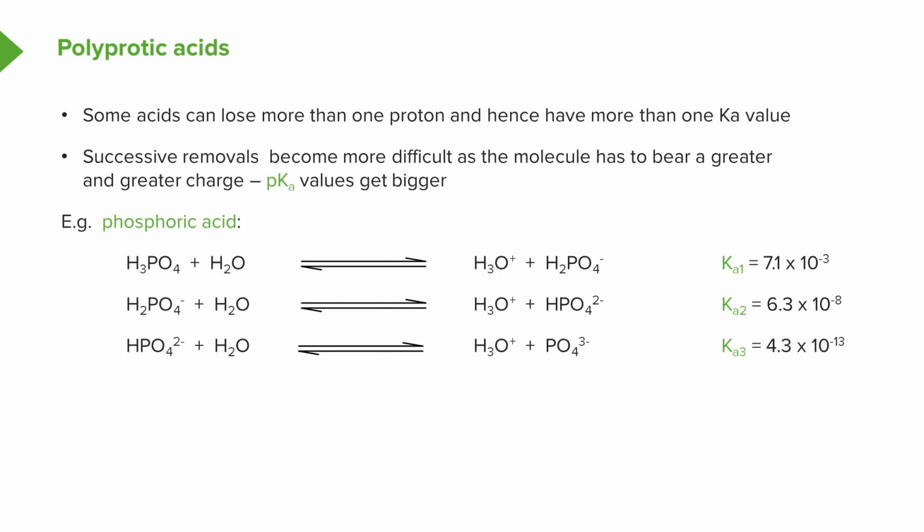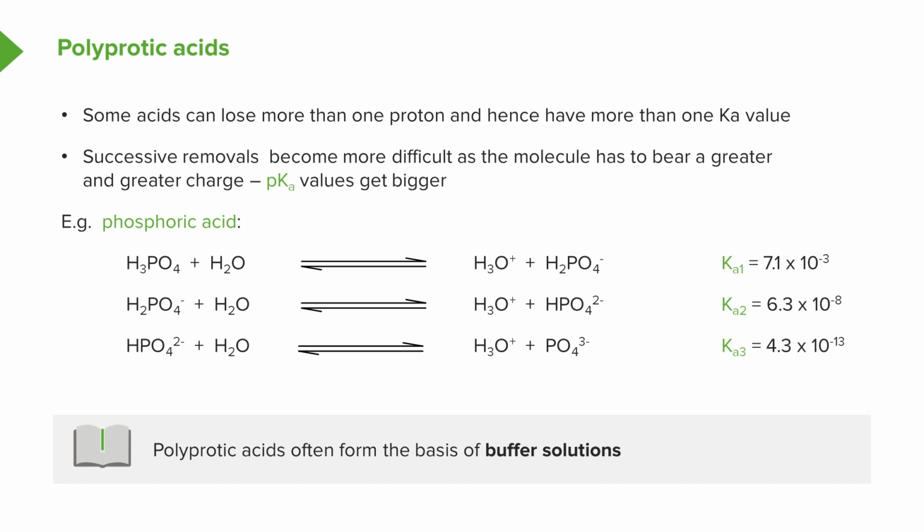And the Ka in this first case is actually reasonably high, 7.1 times 10 to the minus 3. However, successive deprotonations until we eventually result in the loss of all hydrogens and only the phosphate remains is a bit more difficult to achieve, giving us a Ka value, or Ka3, for the third deprotonation of 4.3 times 10 to the minus 13.